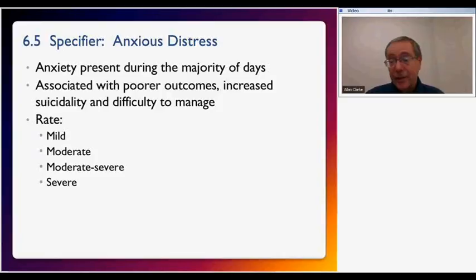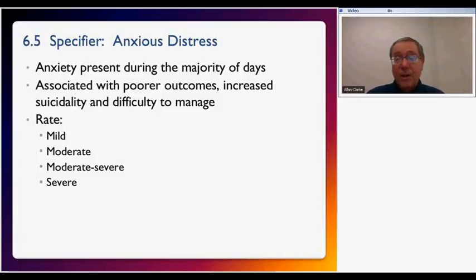So when you have that combination, the person needs to be seen as having a more serious condition. We can rate this anxiety from mild, moderate, to severe. This anxious distress specifier is also applicable to bipolar disorder.